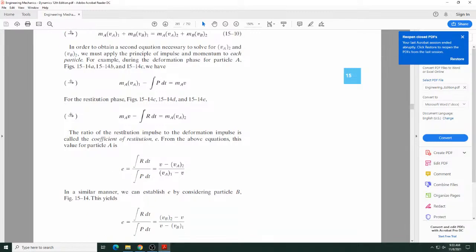And he defines a ratio of the impulse of restitution to the deformation, called the coefficient of restitution.